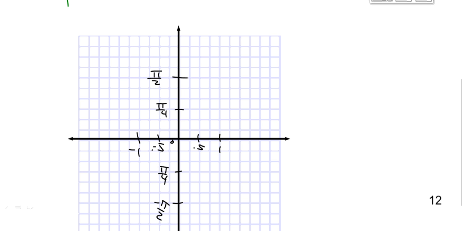Then what would pi over 6 be? Pi over 6. So that would be 1, 2, 3, 4, 5, 6. That would be pi then. So 1/6, 2/6, 3/6, right? Or not?